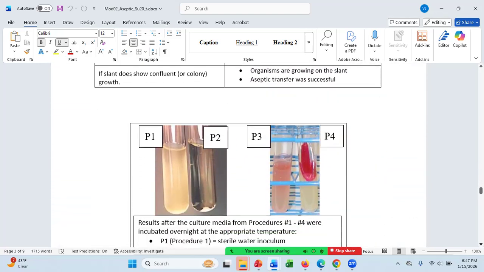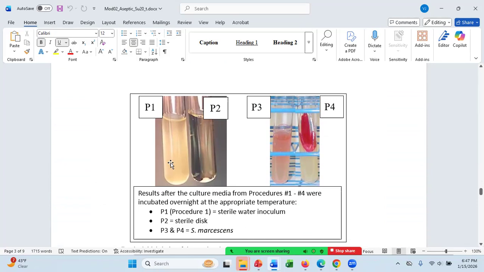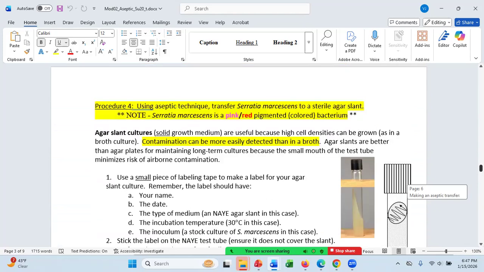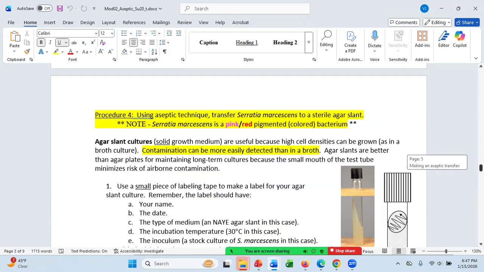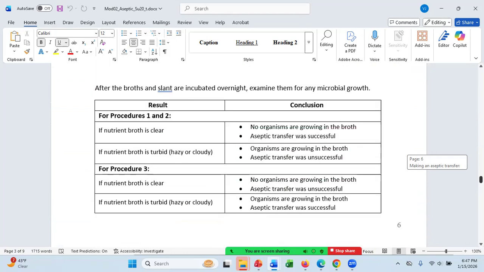Let's scroll down here. P1 stands for procedure 1. There's the tube for procedure 1. Compare that to the tube with the broth beforehand, which is right here. And go down to the questions.